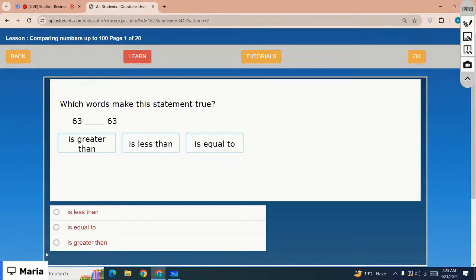The correct option is they both are exactly equal. 63 and 63 are the same, so they are equal.